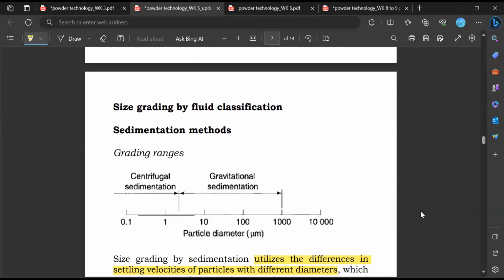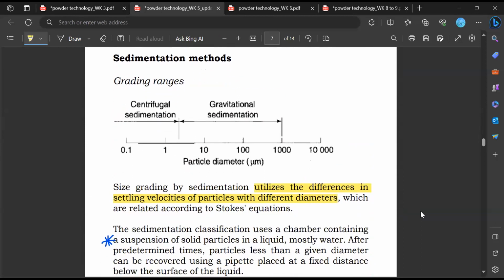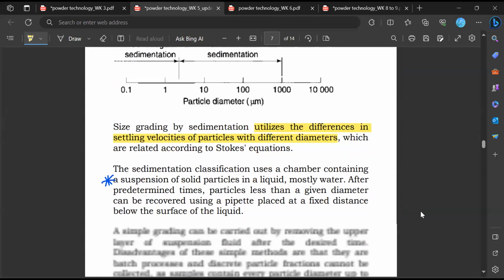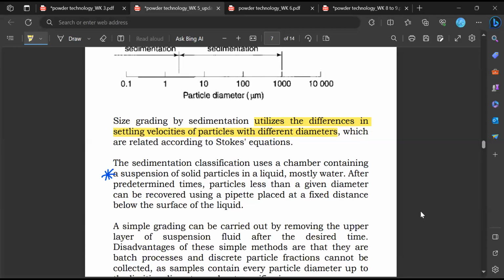Second one is now sedimentation methods, where it utilizes the difference in settling velocities of particles with different diameters. We know that the bigger the particle or the heavier the particle, the more easily it will sediment compared to the smaller or fine particles.